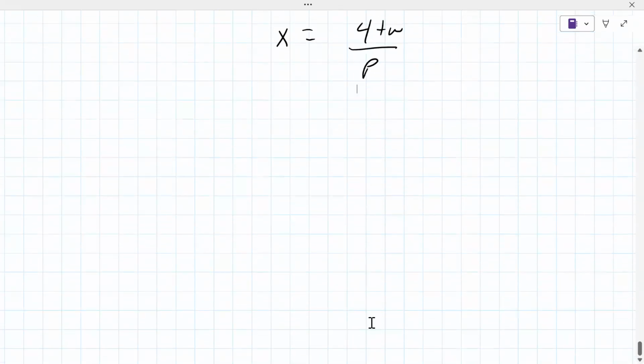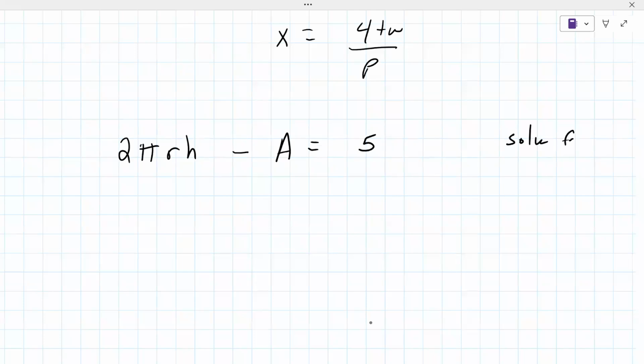Okay. So let's try another one here. 2 pi rh minus a equals 5. We want to solve for h. There's h, so 2 pi rh.